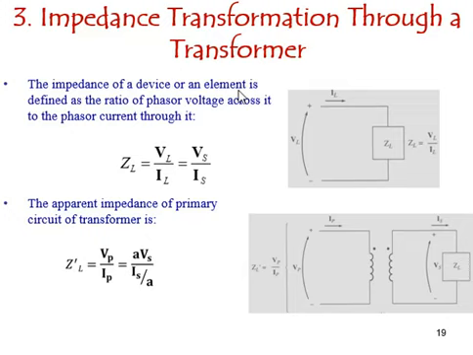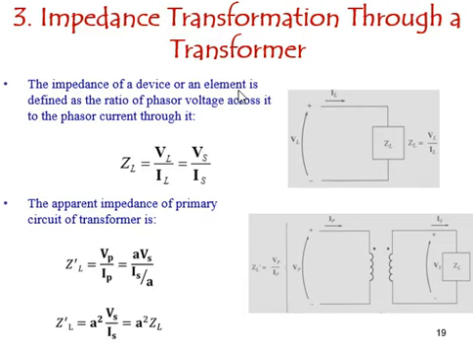If we substitute the value of primary voltage as A into Vs and substitute the value of Ip as Is over A, then we can find that the ZL bar would be basically equal to A square into Vs over Is.